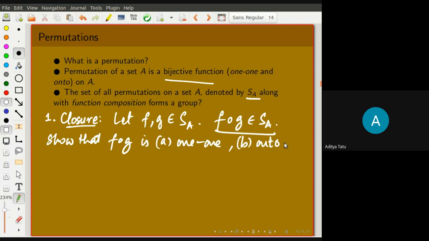So do you want me to do the proof or will you be able to complete it? Maybe we can do one of the 2. Which one do you want me to do in class? The other you can do yourself.